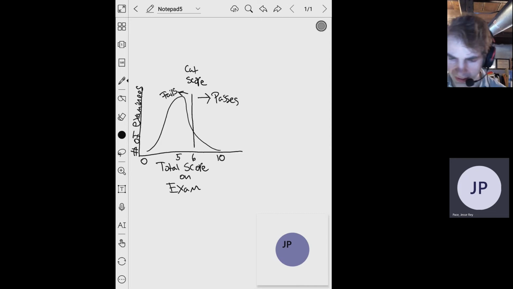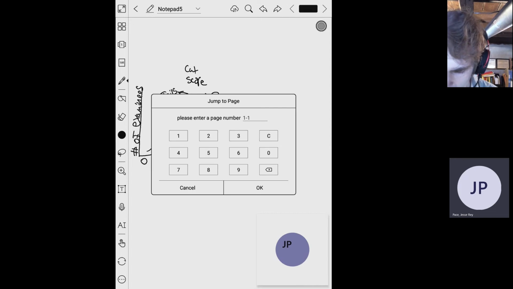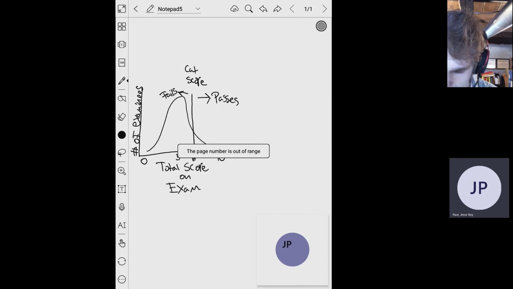So, on that exam, you can imagine that there's some people who, and maybe I'll go ahead and do a new page for this, since I've sort of maxed out what I can fit on here. Let's go to, oh, how do I go to a new page?